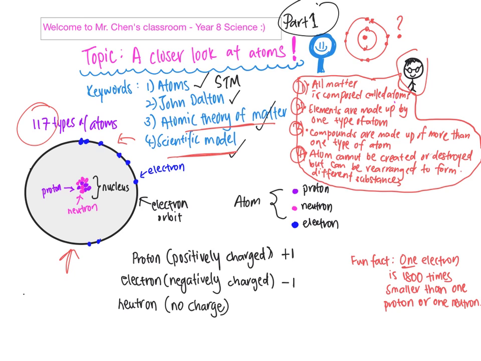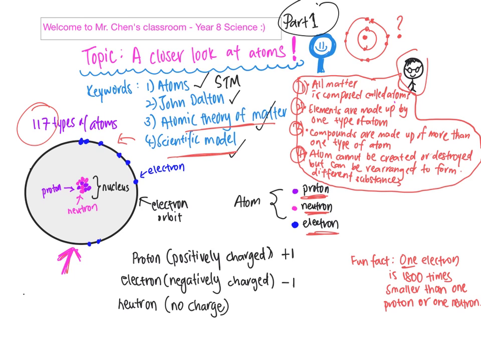In atoms, there are 3 subatomic particles called protons, neutrons, and electrons. And these three things make up one atom. Okay, as you know, this is how it looks. Just go over here for a second.